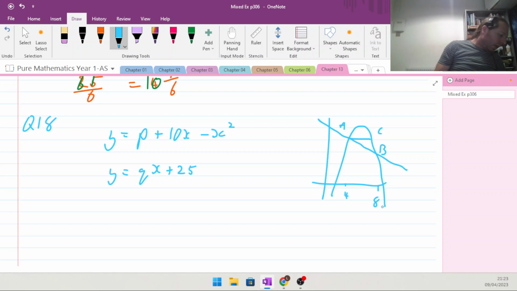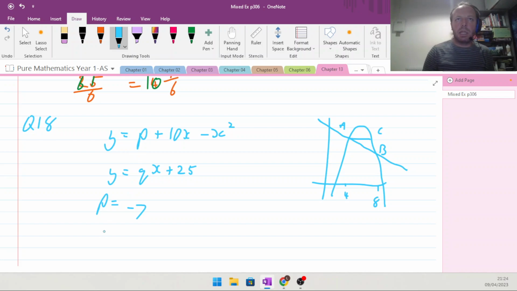The line through A parallel to the x-axis intersects the curve again at C. Show that p equals minus 7 and calculate q.